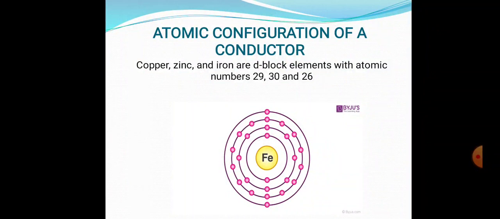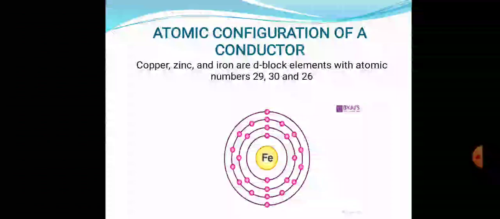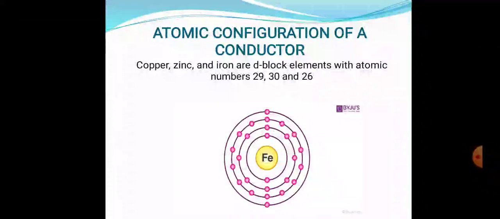These are responsible for conductivity in the conductors. As an iron atom contributes only 2 electrons for conductivity, the conductivity depends only on this number of free electrons. Its conductivity cannot be increased further.